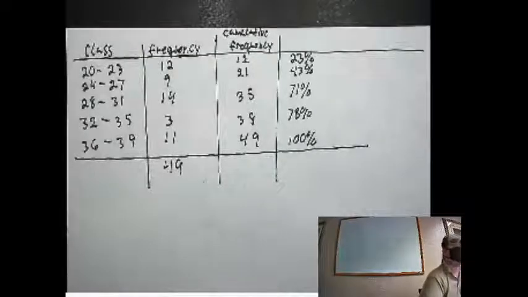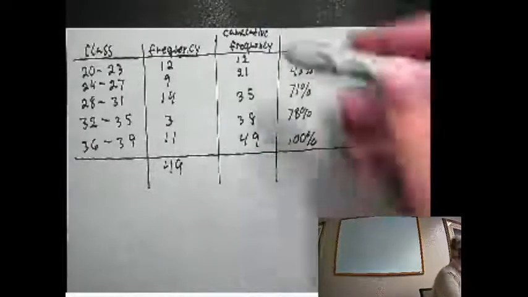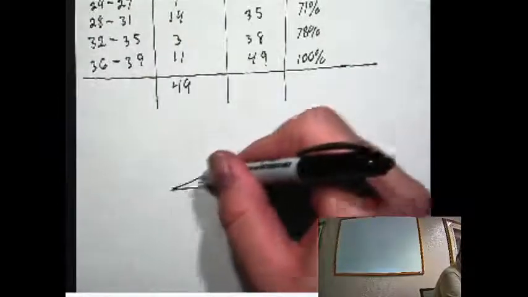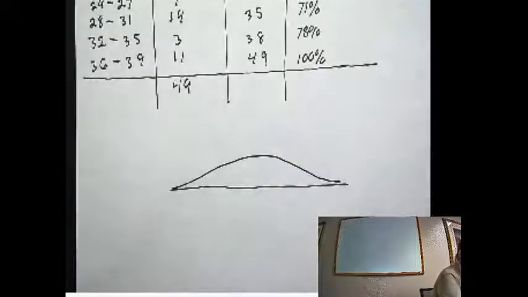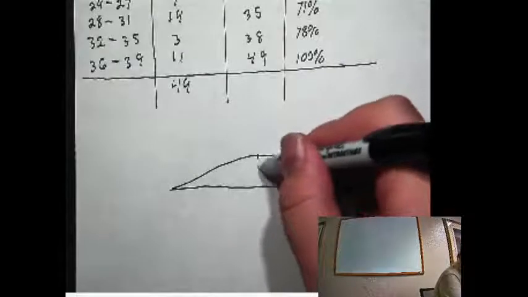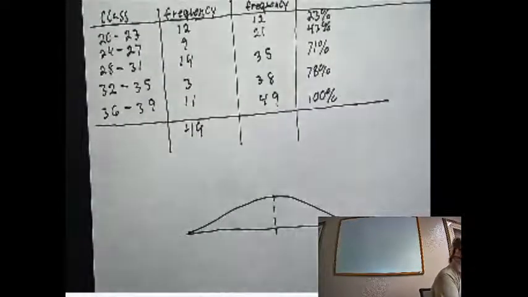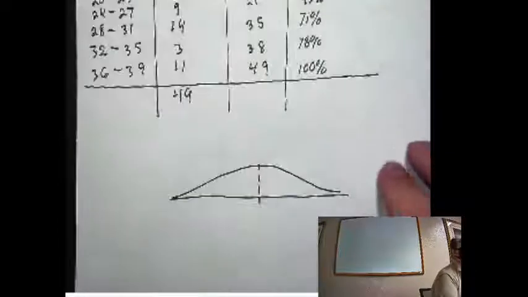Okay? Again, this is useful because it lets us see how much data is where. And like I was saying before, when we get to things like these bell curves, knowing where our classes are and how much data is where helps us normalize these bell curves.